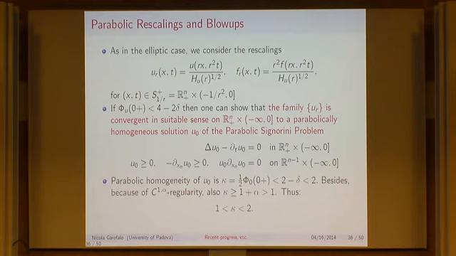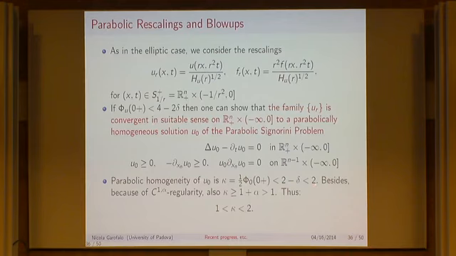The parabolic homogeneity of U0 is kappa, which is 1/2 times the limit at 0 of this truncated frequency. Again, there is a typo here, there should be U here. So kappa has to be less than 2 minus delta because phi is less than 4 minus 2 delta, and so this is strictly less than 2.